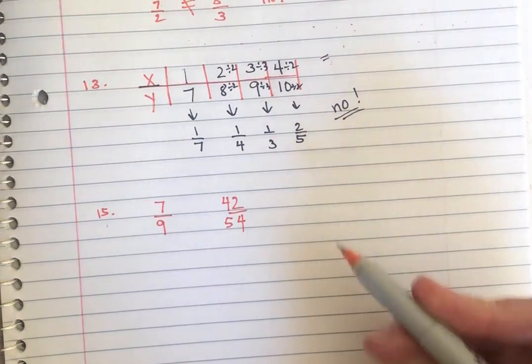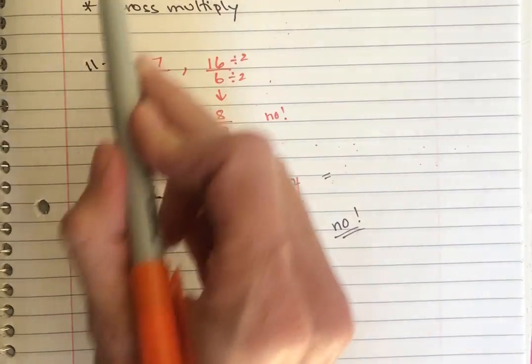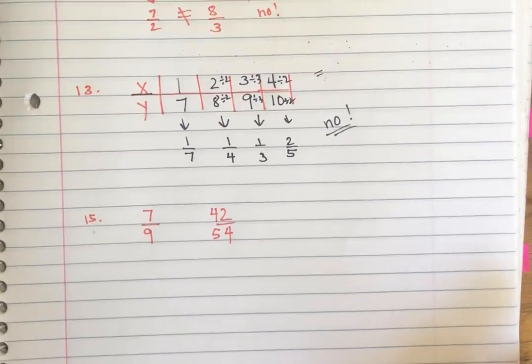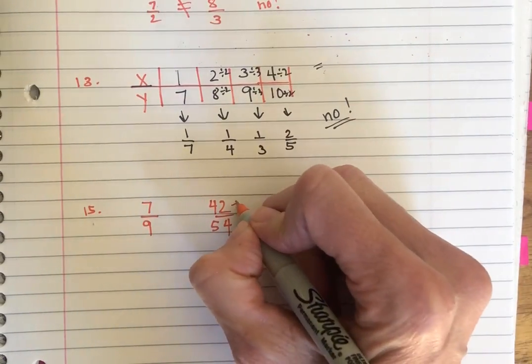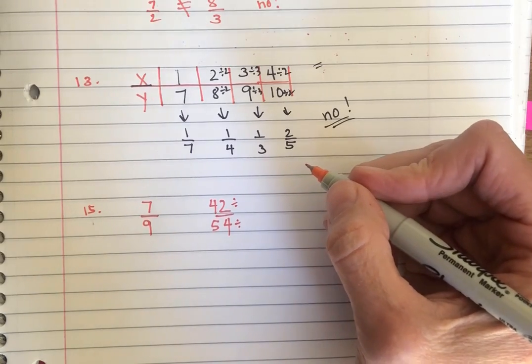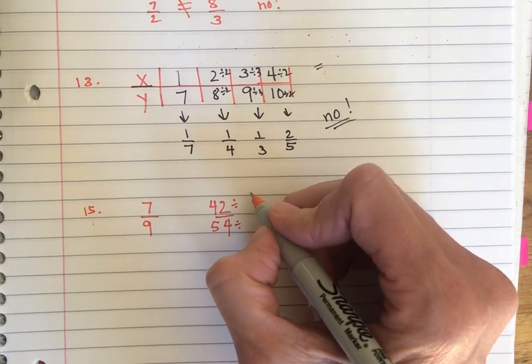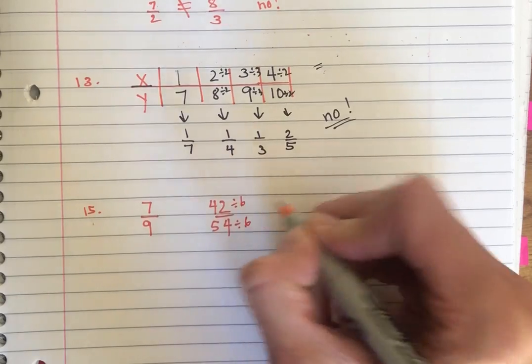So then we're going to use the strategies that we did up here. We have to pick one of these to determine if those ratios are equal, if they form a proportion. So let's start by dividing these. You can divide by 2 at first, you can divide by 3. How about we start by dividing by 6?